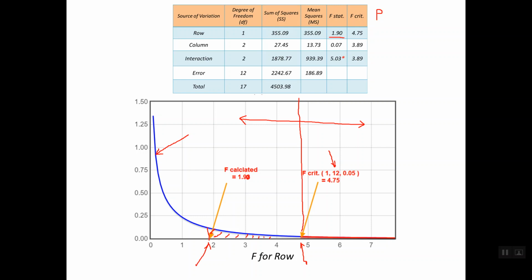To the right, we should reject the null hypothesis if the calculated value is lying inside this region, while to the left we should accept the null hypothesis.